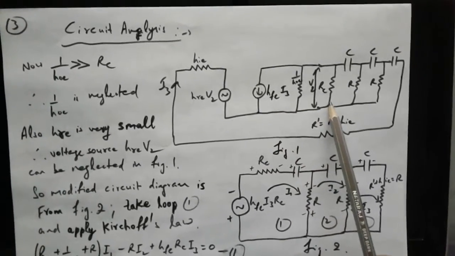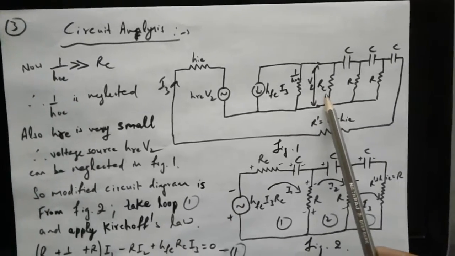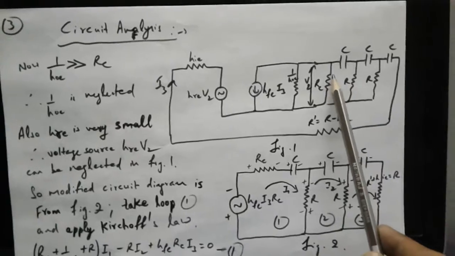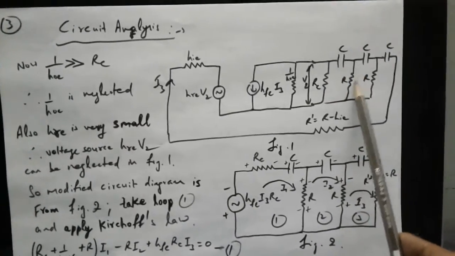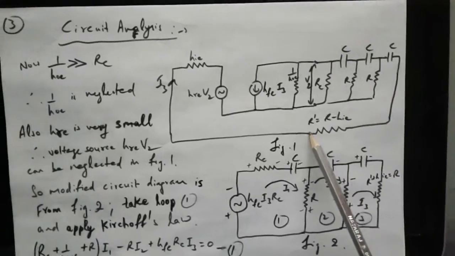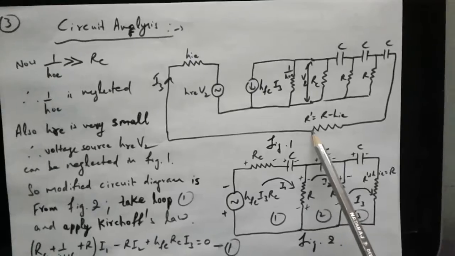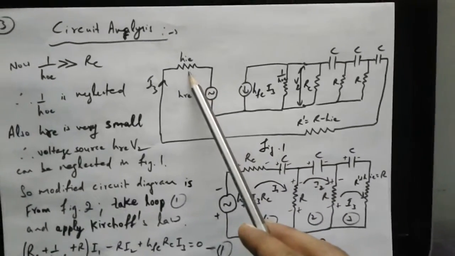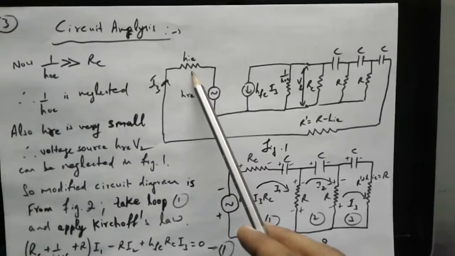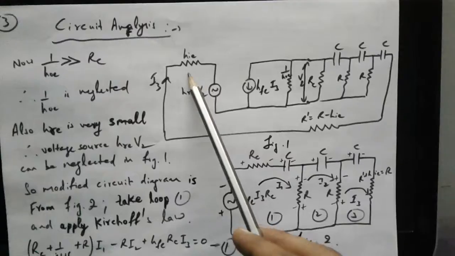So we know in the phase shift oscillator there is an RC resistance, then there are three sets of RC networks, that is CR, CR and CR dash. Why have we taken R dash here? You can see that HIE is the input resistance of the amplifier.